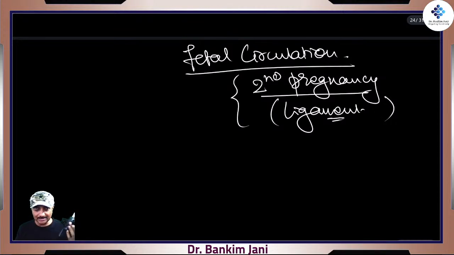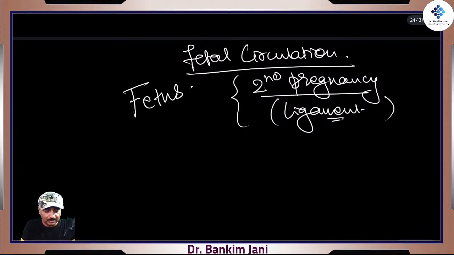So, gentlemen, the thing is that in fetal circulation, whatever we discussed, everything was occurring in the fetus. Everything was occurring in that baby who landed on this earth. So everything was occurring in the fetus and not in the mother.